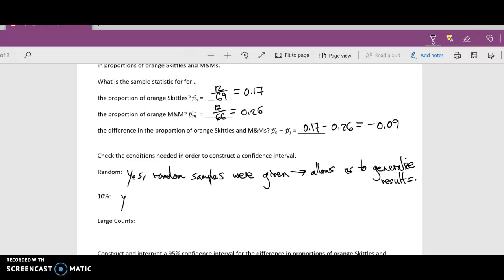The 10% condition: yes, samples are less than 10% of all the candy.